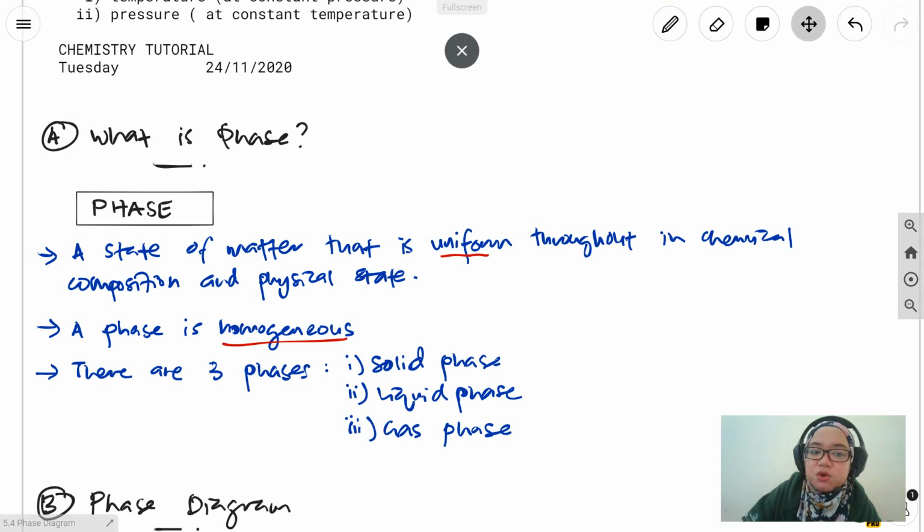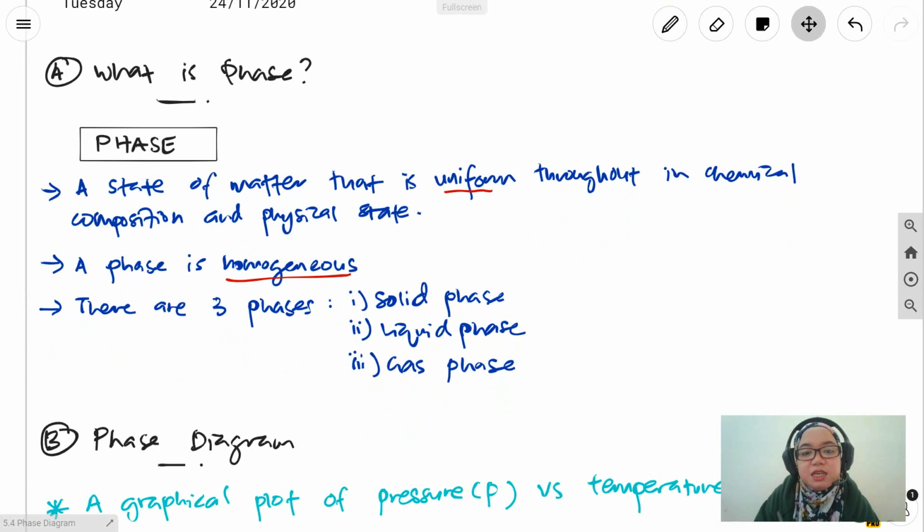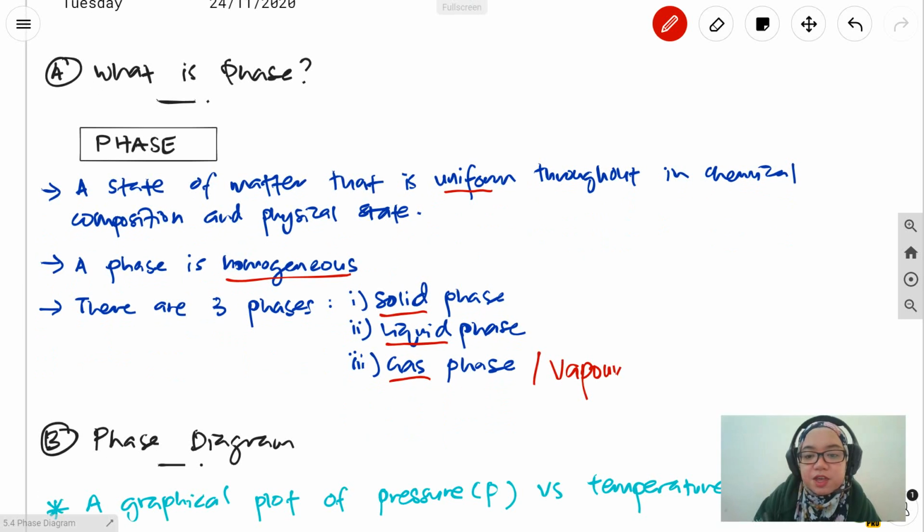As you know, there are three phases that we learn: first one is solid phase, second one is liquid phase, and third one is gas phase, or we also can call it vapor phase. Dua-dua ni sama saja. So there are three phases that we learn: solid phase, liquid phase, and gas phase.